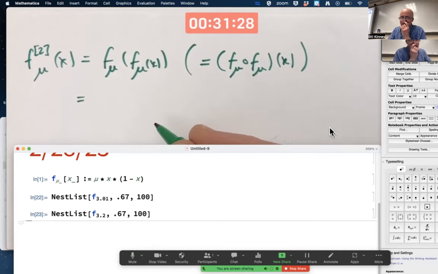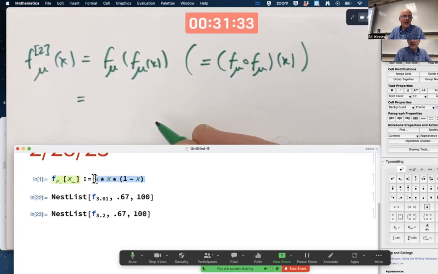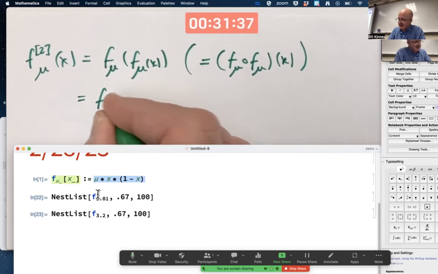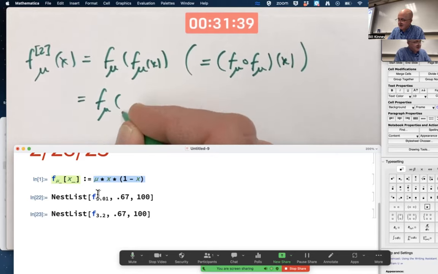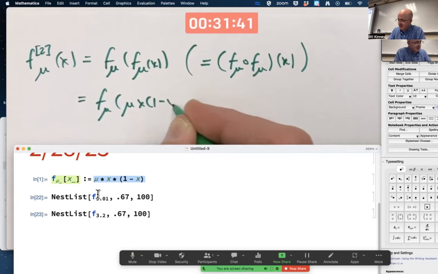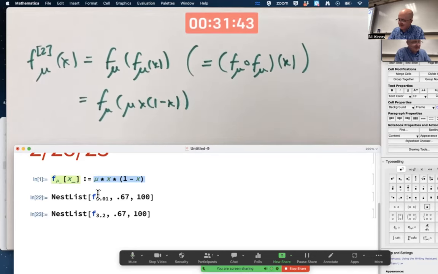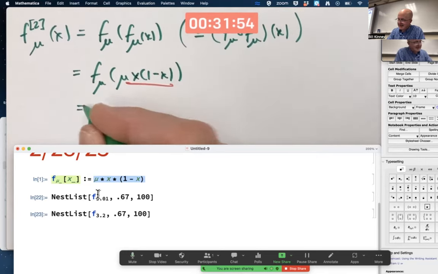What does it equal? Well, there's the formula for F mu: mu times x times 1 minus x. I guess I got to use that a couple times. Plug that function into itself, like that. What is that going to give me?